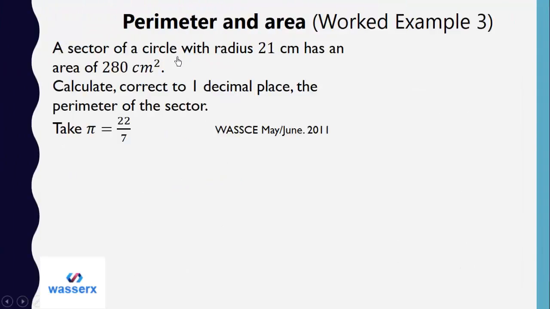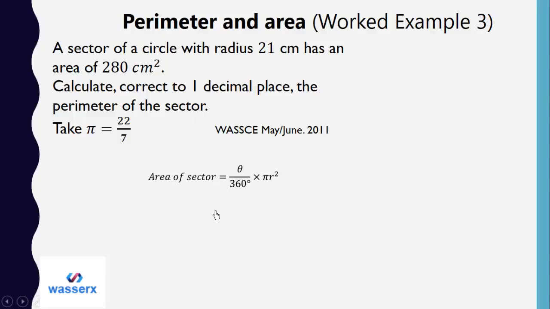A sector of a circle with radius 21 centimeters has an area of 280 centimeters squared. Calculate correct to 1 decimal place the perimeter of the sector. So we know that the area of a sector is given by theta over 360 degrees times pi r squared. And now they are asking us to use it to find the perimeter of the sector.